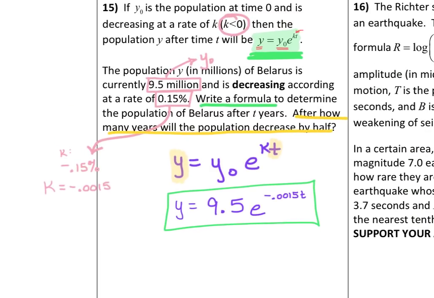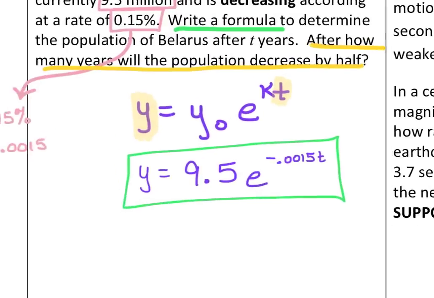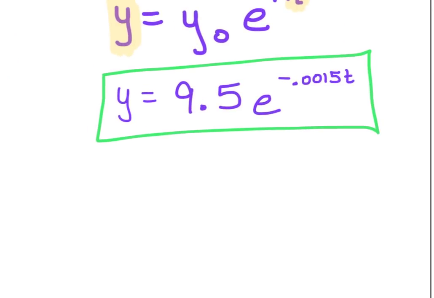Given that 9.5 million is the current population, or y sub 0, and that population is going to be going down at 0.15%, I am going to use that to solve when the population will be half of that. So you want to take y, the resulting population, and make it half of the 9.5.